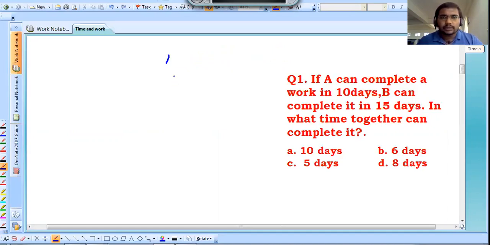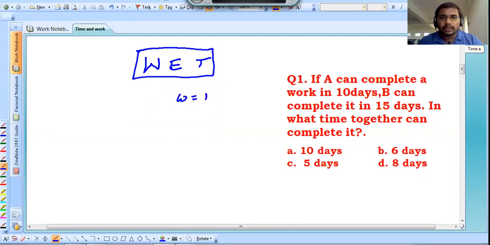I am calling this rule the WET rule. W-E-T, WET rule. W means work: work is equal to efficiency into time.